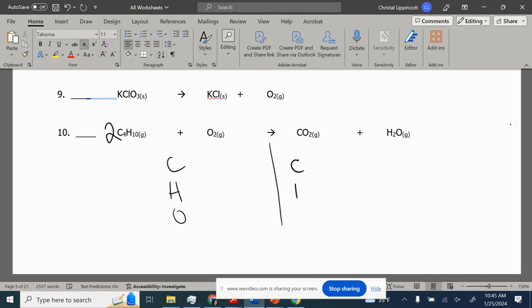Okay, and we're going to do that. Now I'm going to start balancing this. I see here that I have 8 carbons, and here I have 20 hydrogens. You see how I got 20? 10 times 2, that's 20. My oxygens right now are at 2.